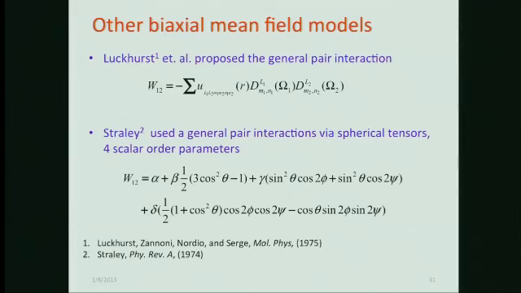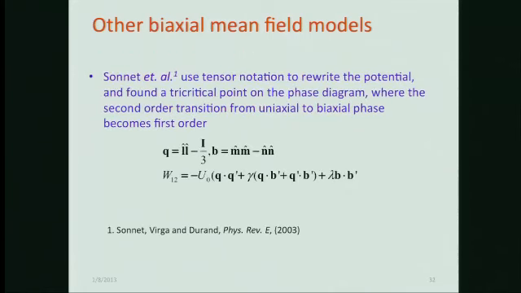For other biaxial mean field models, for example, Luckhurst et al. proposed a general power interaction, including all different interactions, not only the pairs. And Straley in 1974 used a general power interaction via spherical tensors. He got 4 scalar order parameters.